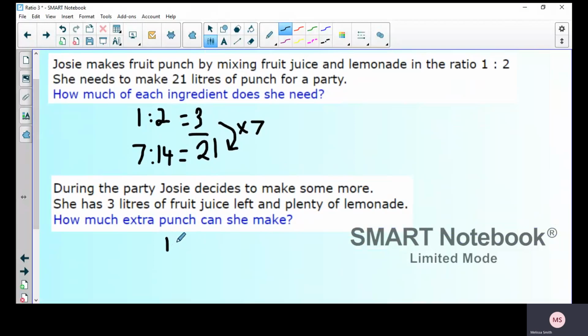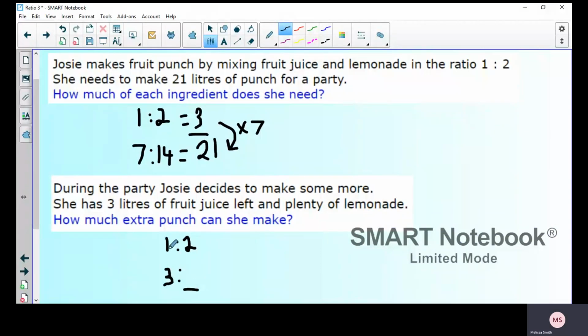So again, let's look at the original ratio. The original ratio was 1 to 2. Now it's telling me that she's got the 3 litres of fruit juice. So if I put my 3 there, because this is my ratio, so we've gone from having 1 litre, now she's got another 3 litres. We need to work out, well, how many litres of lemonade does she have?